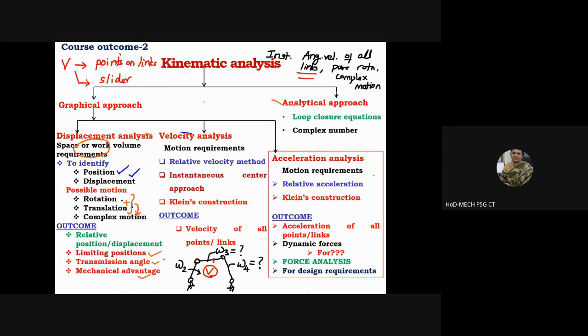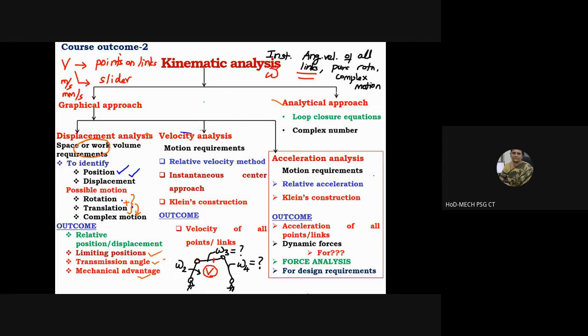For various points on any of the links of the mechanism, you can find out the linear velocity, in meters per second or millimeters per second. And for all other links which undergo pure rotation like 2 and 4 here, or 3 which undergoes combination or complex motion, you can find out the angular velocity.